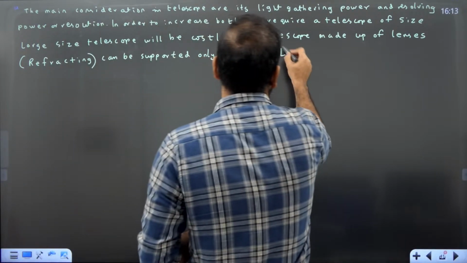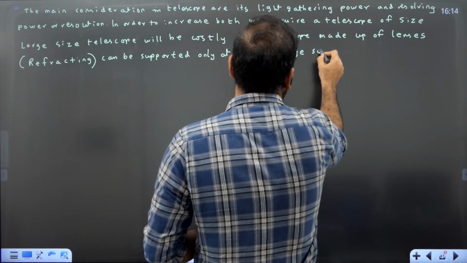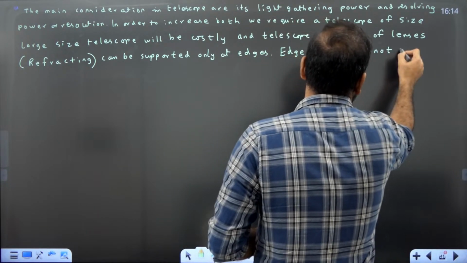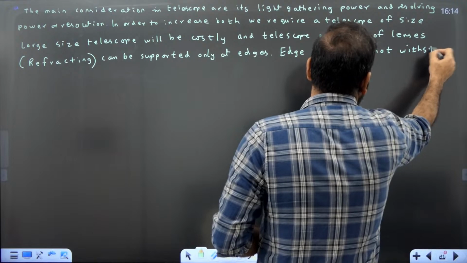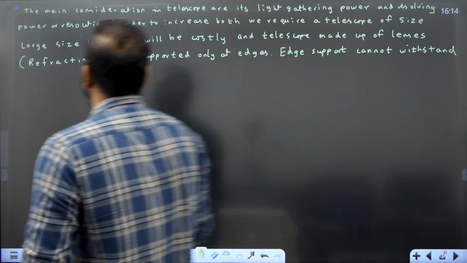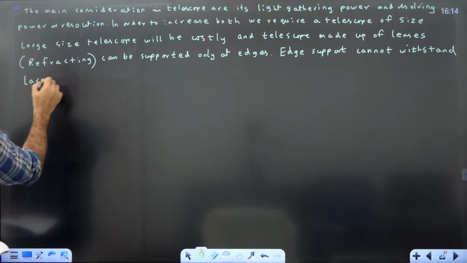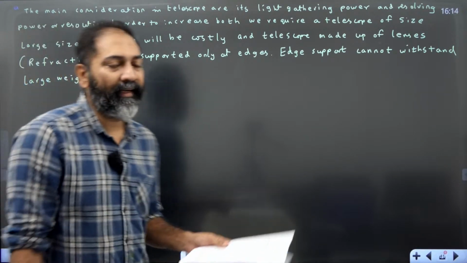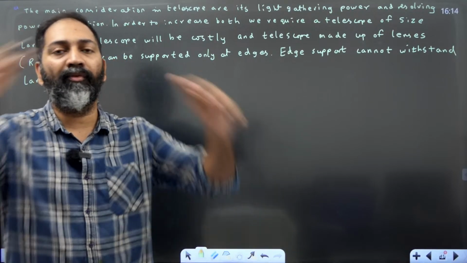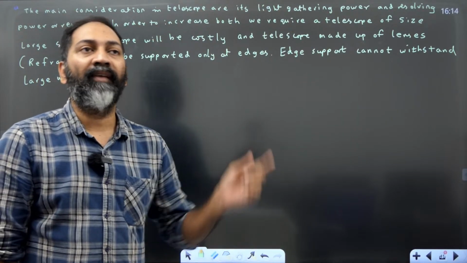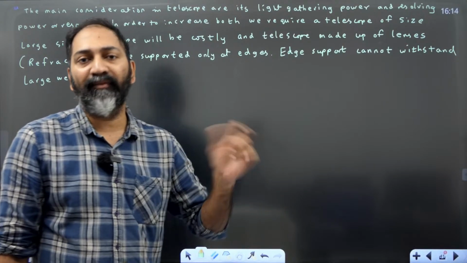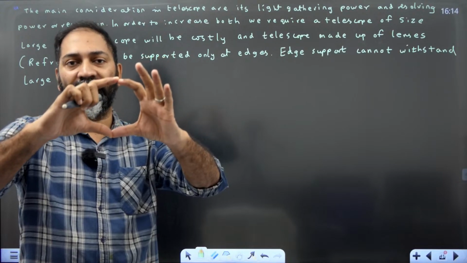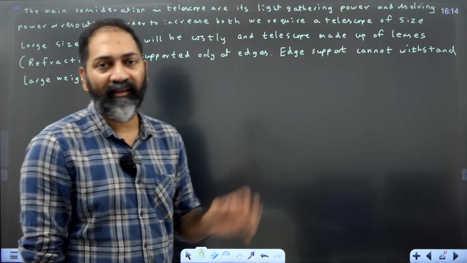Edge support cannot withstand large weight. So students, please understand that if you want to increase light gathering power and resolving power, the telescope should be of huge size. Now, if the telescope is made up of lenses, that is refracting type, a lens telescope can be supported only at edges, and edge support cannot withstand large weight.